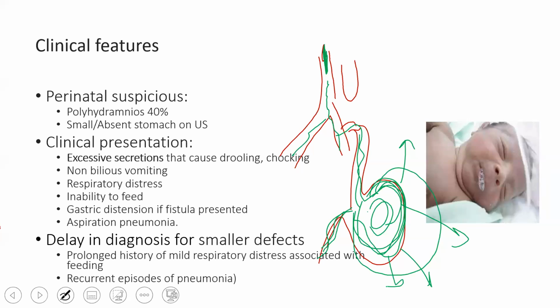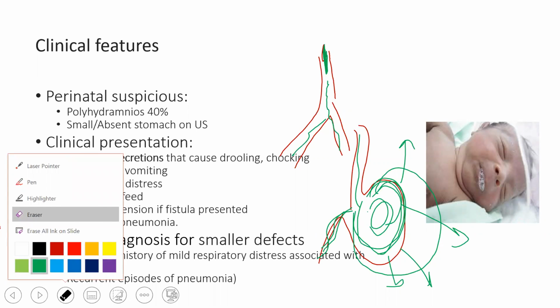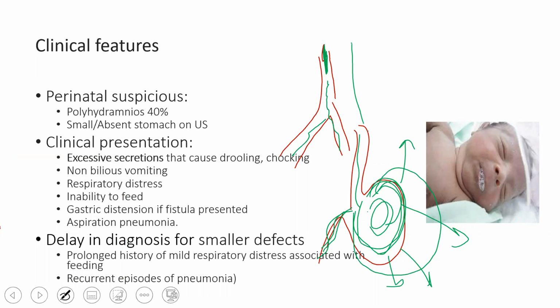Very few conditions are different if the baby doesn't have esophageal atresia. If the baby has only a fistula, it might be late and not easy to diagnose.